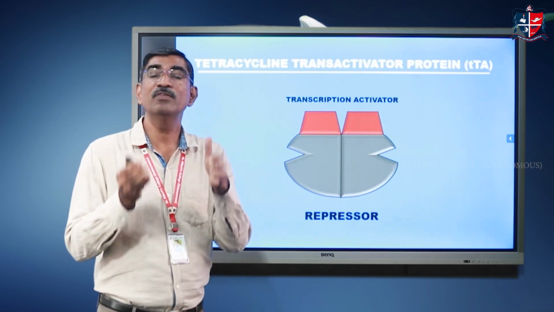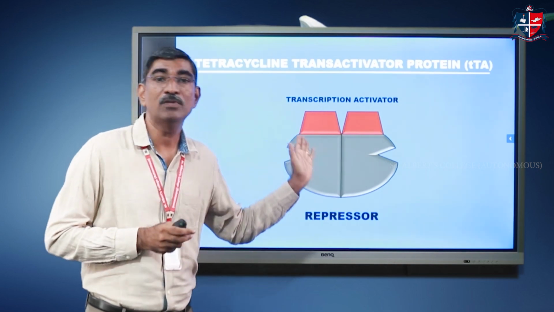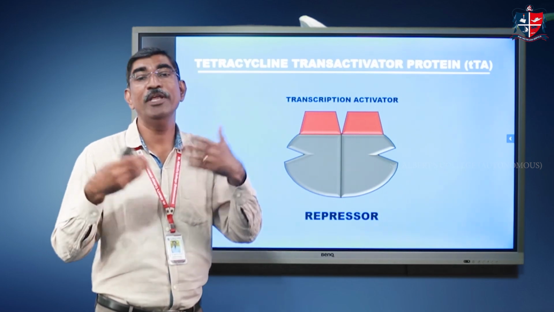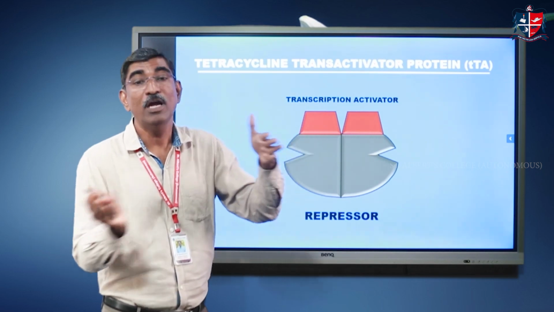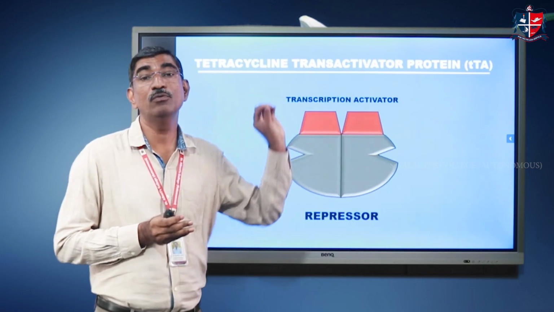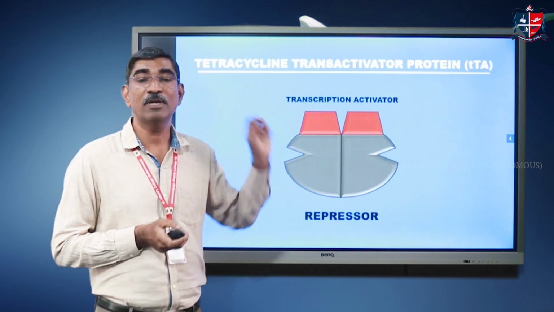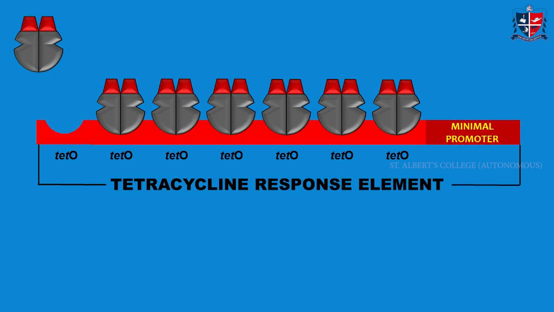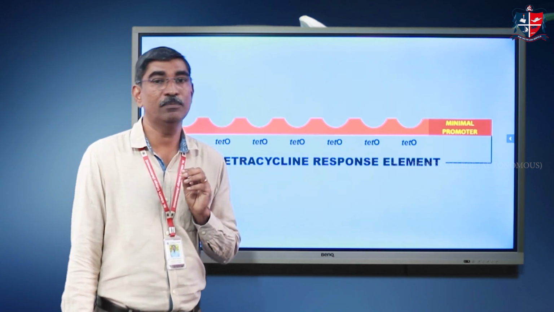Minimal promoters are similar to normal promoters, but they require these transcription activator proteins to initiate transcription from these promoters. So they have joined these two proteins to form a fusion product called the tetracycline transactivator protein. And this is the module required for any tetracycline expression system.